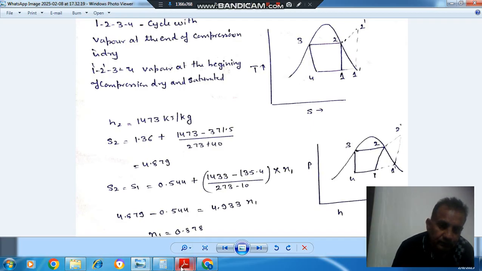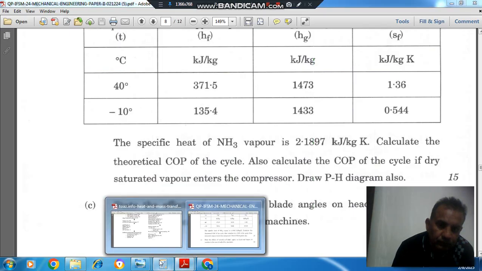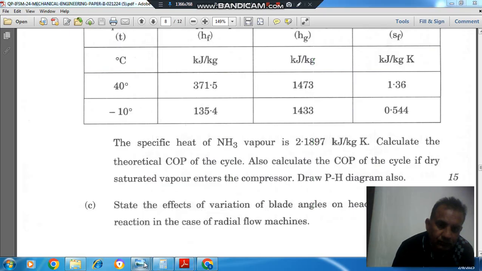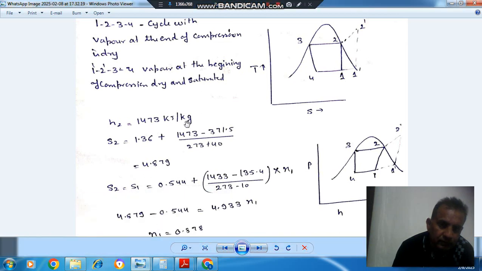We have enthalpy as 1473 kilojoule per kg, and entropy at 2 is entropy of vapor.